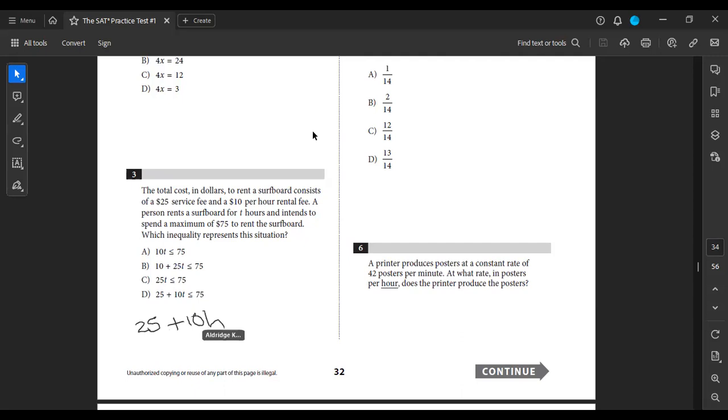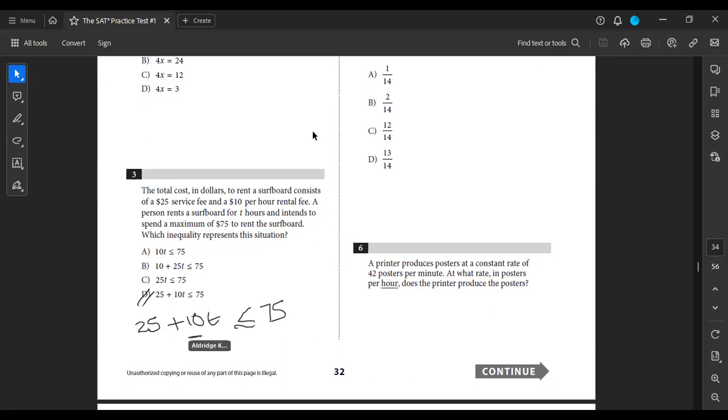A person rents a surfboard for T hours, so we can change H to T, and intends to spend a maximum of, so whatever they spend should be less than or equal to 75. What inequality represents this? Oh, that's right there. D. Any problems with this one?